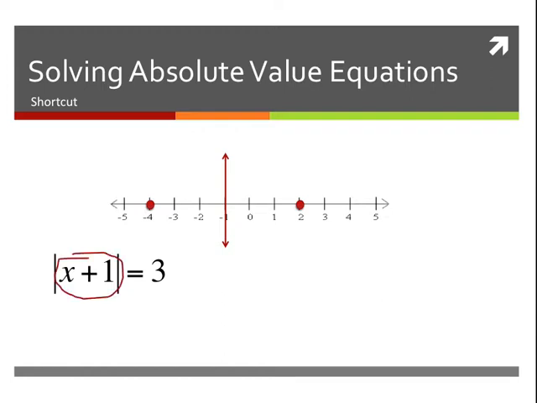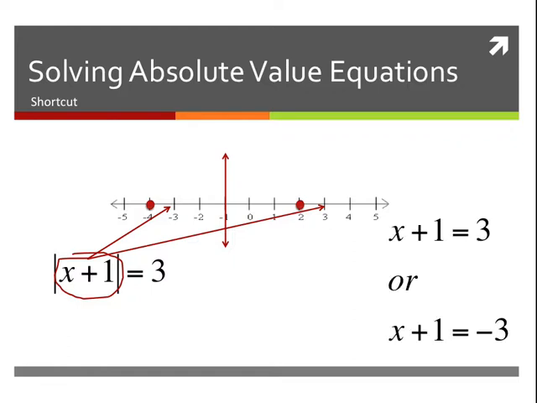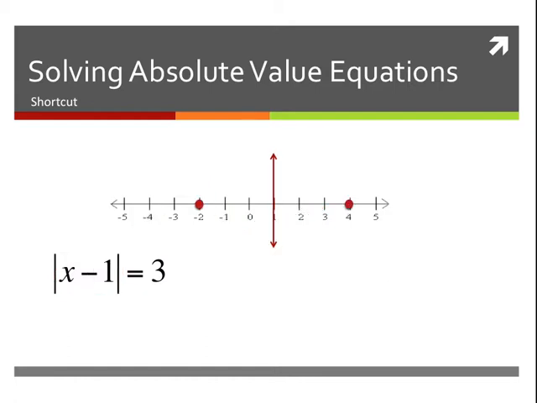I still want this expression that's inside the absolute value sign to be equal to either -3 or +3, because I know that the absolute value of -3 is 3 and the absolute value of 3 is also 3. So I would write two separate equations. X plus 1 could be 3, or x plus 1 could possibly be -3. So when I solve this, I will get the correct solutions of x equals -4 and x equals 2.